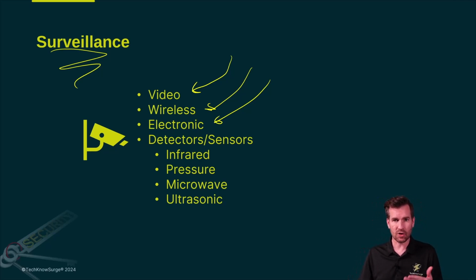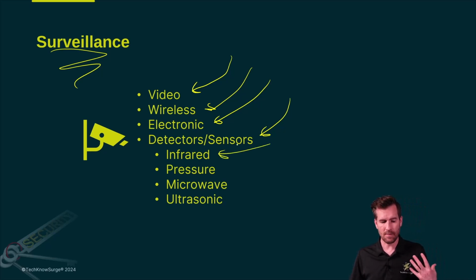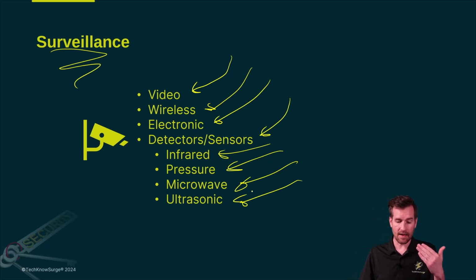There's different types of electronic switches and different types of electronic surveillance that we can put in place. There's a lot of detectors and sensors that we can use, like infrared sensors doing things like body heat, or pressure, like pressure plates, microwave, or ultrasonic. So there's lots of different types of detectors and sensors that we can put into place.